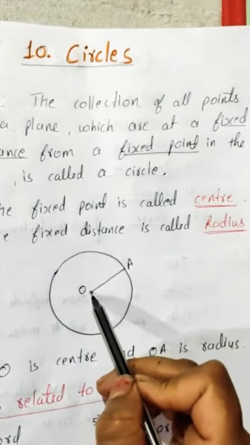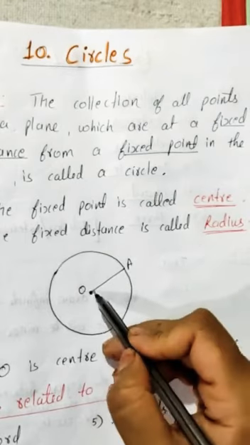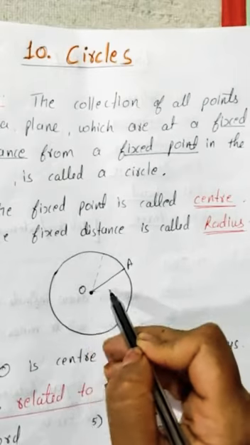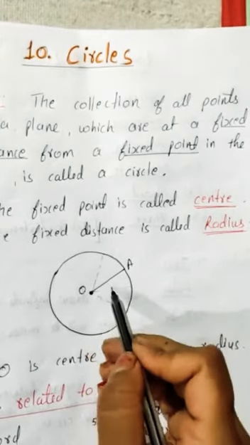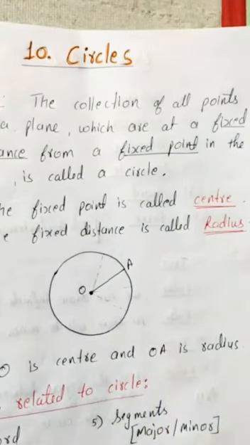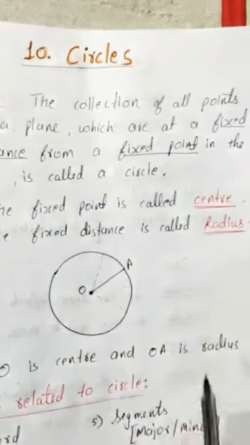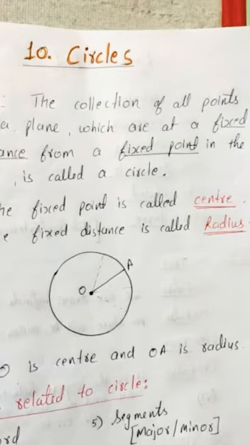That fixed point is called the center, and that fixed distance, wherever you go, is called the radius. So in this given figure, O is the center and OA is the radius. These are the two important parts.